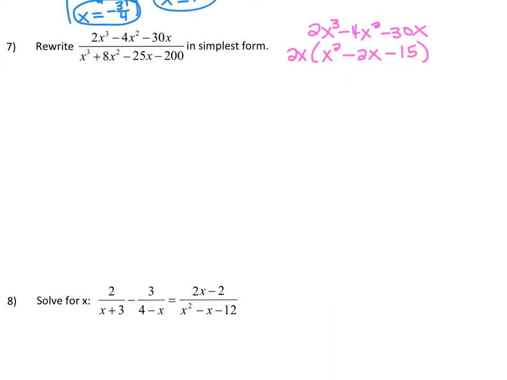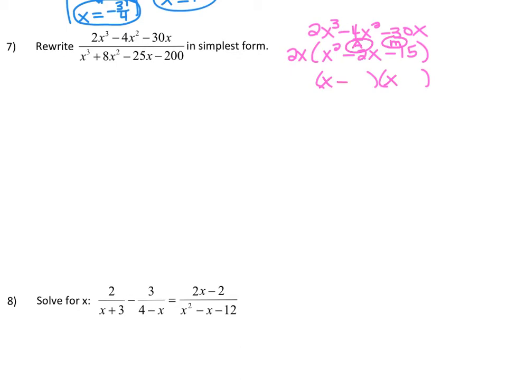All right, now since we have a trinomial, we want to say, can I factor this further? Because there's a 1 in front of the first term, this is the easier one, we just have to set up 2 sets of parentheses. And since this first term is an x squared, we're going to put an x in the first spot within each parenthesis. And then let's come up with 2 numbers that add to -2 and multiply to -15.